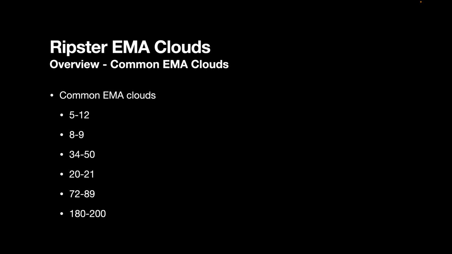The 20-21, so the 21 EMA for a lot of folks is used as a pivot, and the 20-21 can offer that same capability in cloud form. The 72-89, which is maybe a longer term trend, I don't use that one, but it can be useful in certain cases. And the 180-200, which I typically use on higher time frames, and that's just the long-term trend.